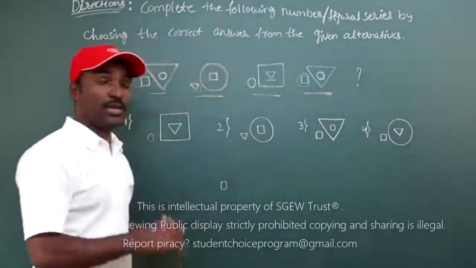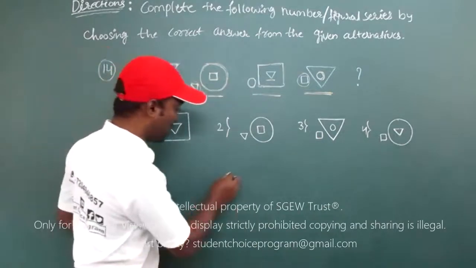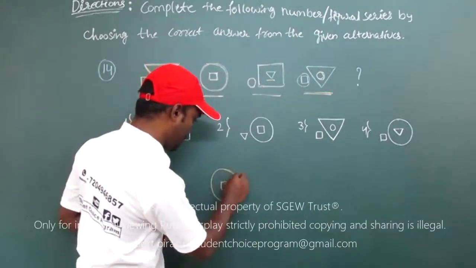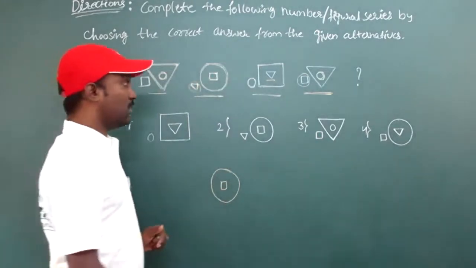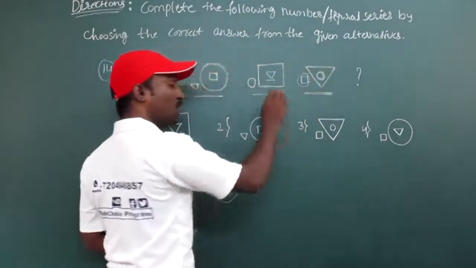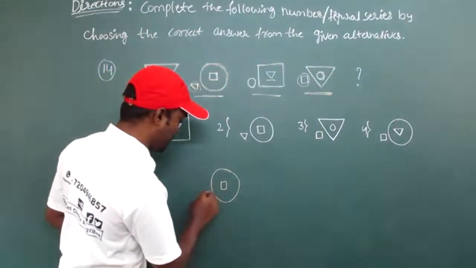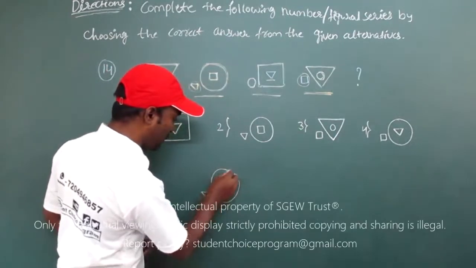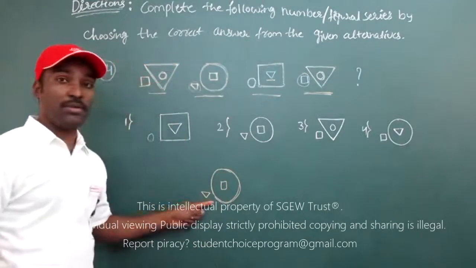Inside shape should become the outer portion or the outer shape. So I will draw here. Okay. This triangle, which was the outer shape, should be placed beside the new circle. This will be my missing figure.